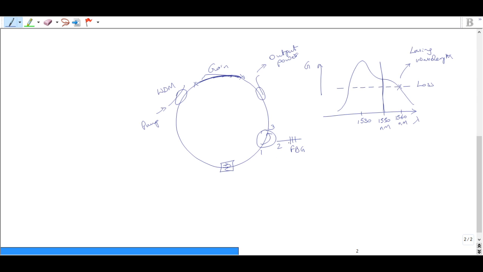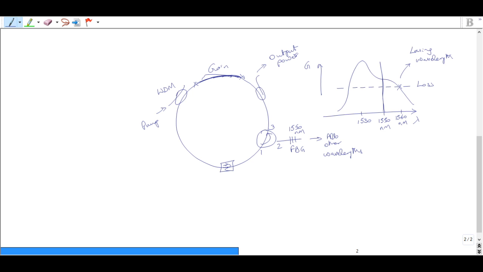We introduce that element so that it provides loss for all other wavelengths. It reflects only at 1550 nanometers, and all other wavelengths will escape the cavity through this. So they will be highly lossy. So only at 1550 will you overcome the loss in the cavity, and so only the 1550 nanometer wavelength will be oscillating. So that is the effect of introducing the fiber Bragg grating in the ring laser.